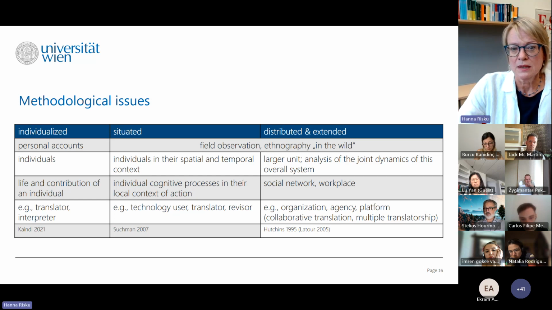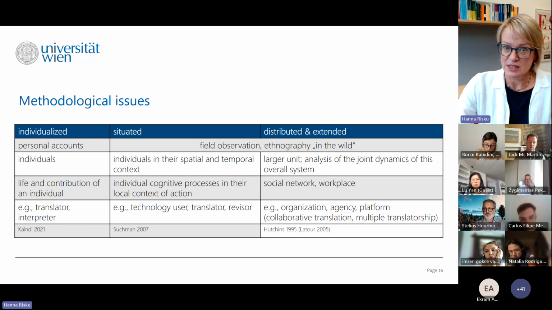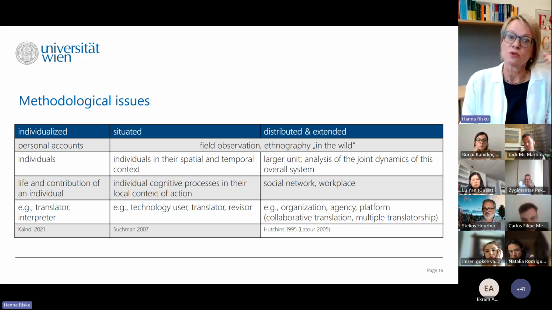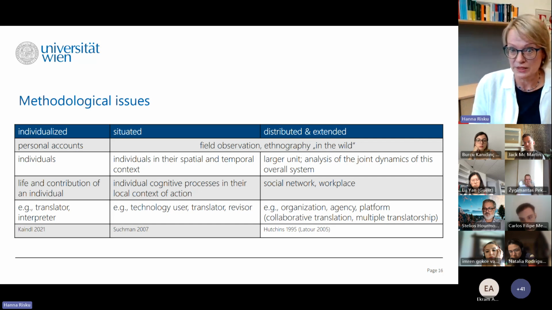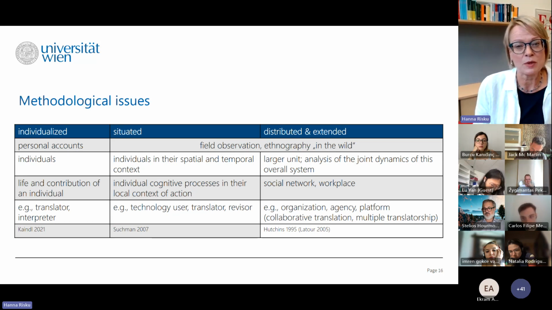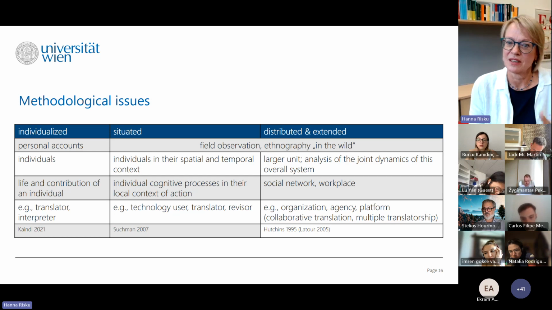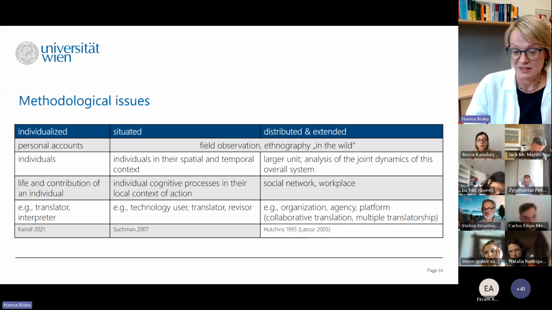So in planning research designs, I also still think that extended translation studies can draw on recent discussions on collaborative translation and multiple translatorship, because I think they share similar concerns, even if they might not refer to current cognitive scientific developments.